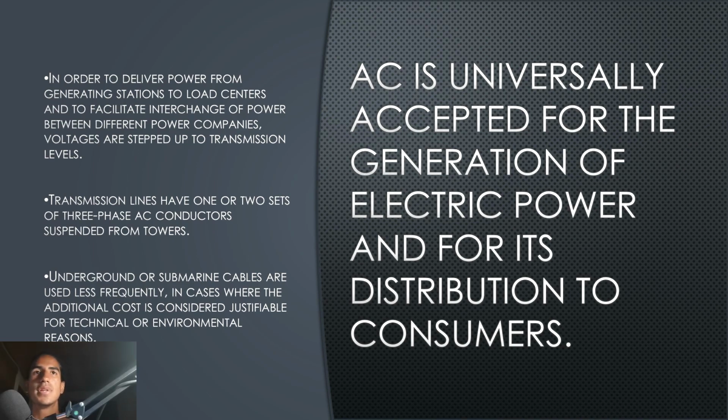uses. In order to deliver power from generating stations to load centers and facilitate interchange of power between different power companies, voltages are stepped up to transmission levels. Transmission lines have one or two sets of three-phase AC conductors suspended from towers.